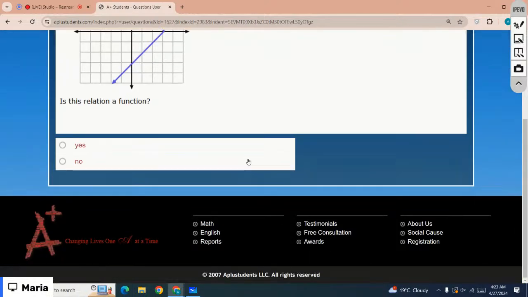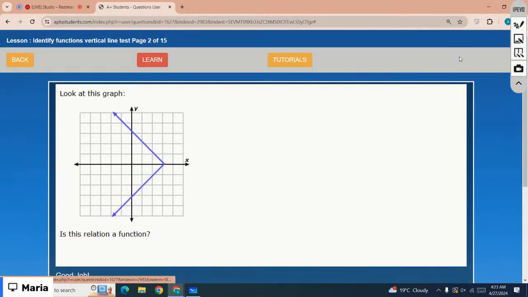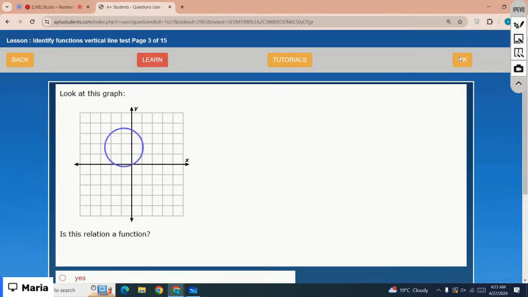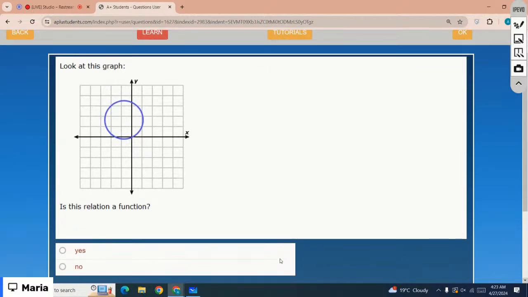The correct option is no. Look at this graph. Is this relation a function? The correct option is no. This isn't a function.